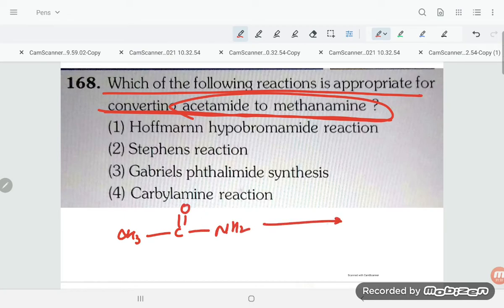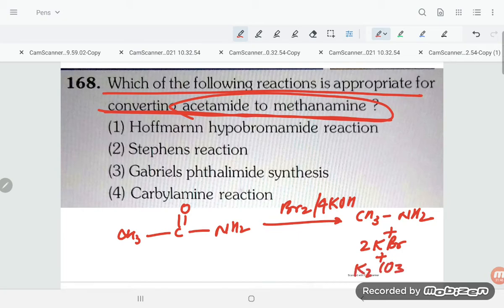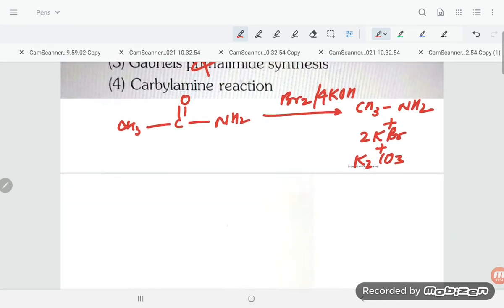You are treating with Br2 and 4KOH. It will give CH3NH2 plus 2KBr plus K2CO3. So this is Hofmann reaction, student. This is not Hofmann bromide. Option number 1 is correct, student.